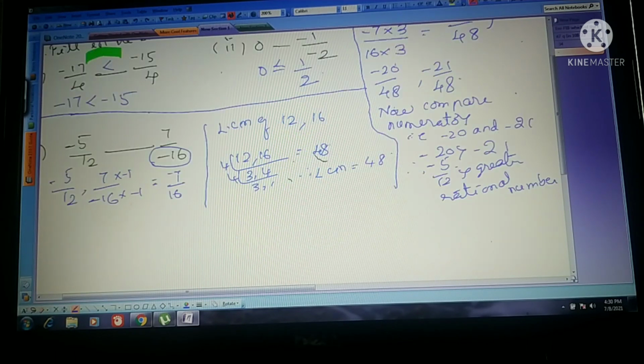So in the blank, how much we have to write here? So we have to give here greater than symbol. Understood? Minus 5 by 12 is greater than 7 by minus 16. Okay, good.